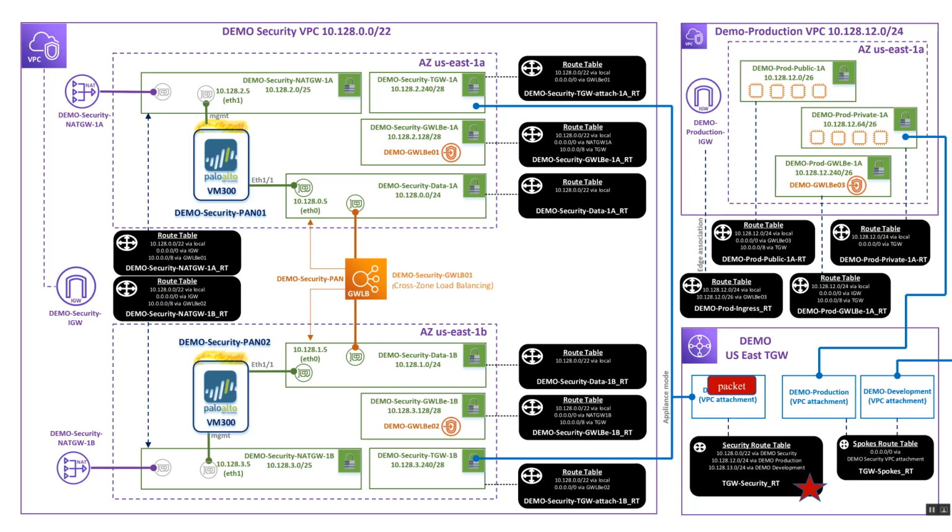So my next hop here is the 10.128.12.0/24 via the demo production VPC attachment. So the packet will get forwarded directly to the prod private instance. So what I just showed you here is a use case for outbound security.